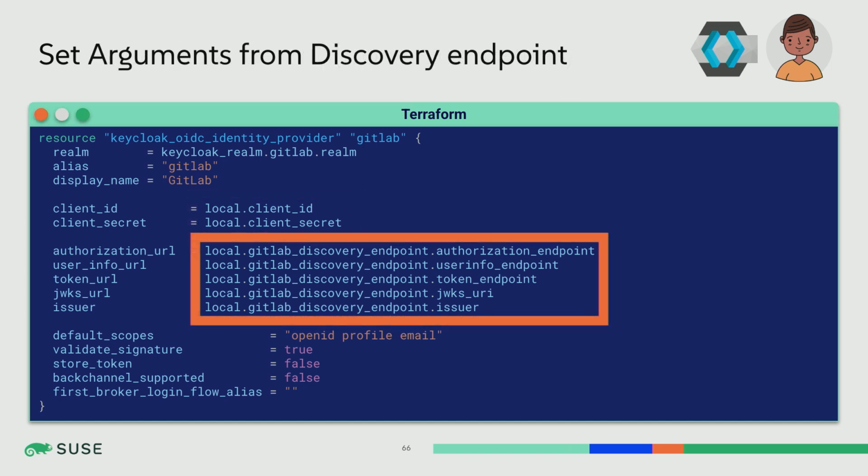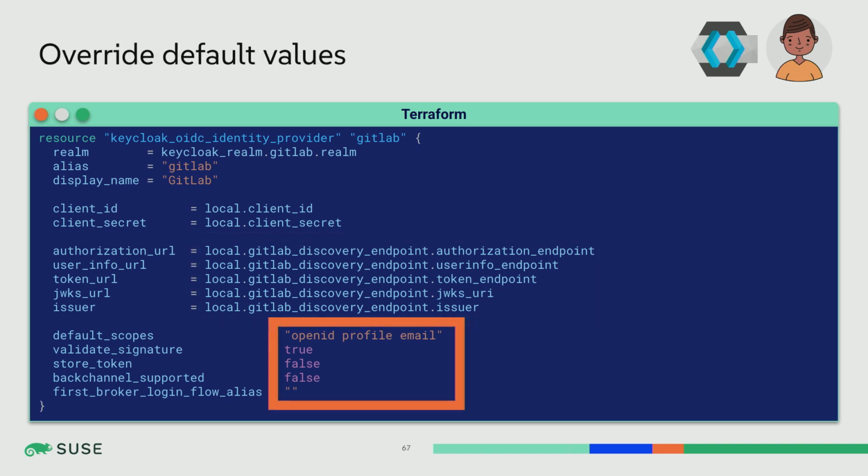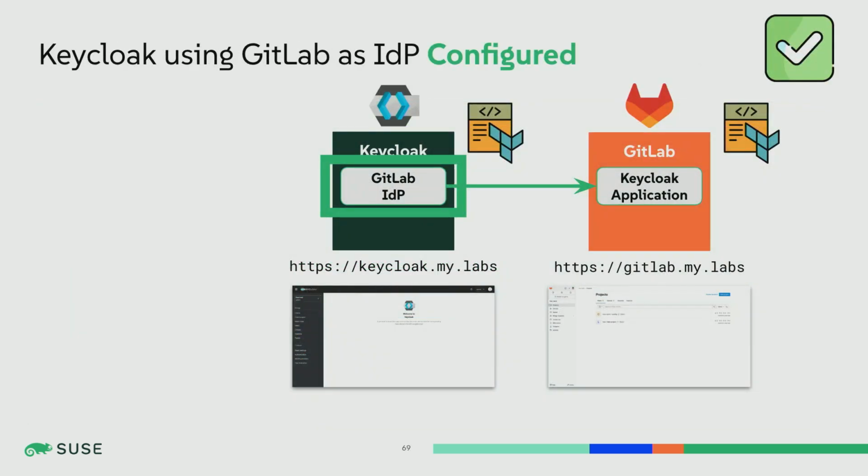Then we configure all the URLs and settings for the OIDC connection between Keycloak and GitLab, coming from the well-known OpenID endpoint of GitLab. And then we override the default values to set the default scopes to the same list as the Keycloak application created before.